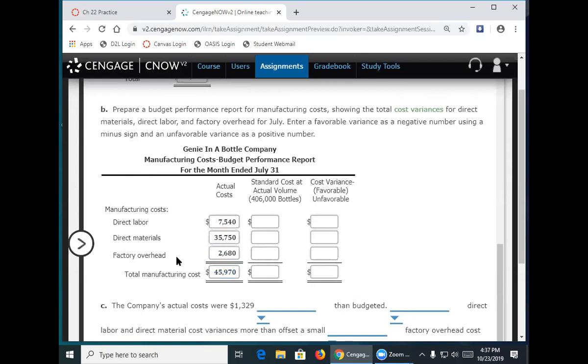And then again, we just want to flex the standard cost to the actual volume of 406,000. So in other words, we could take $2 times 4,060, which is probably the easiest way of doing that. So I took my direct labor cost of $2 times 4,060, and you should get 8,120.